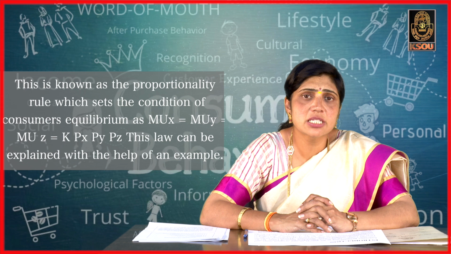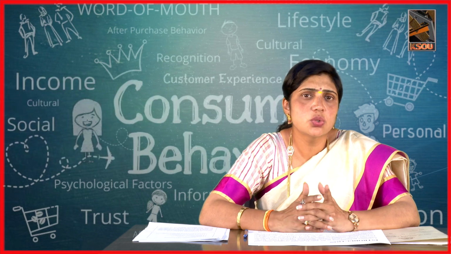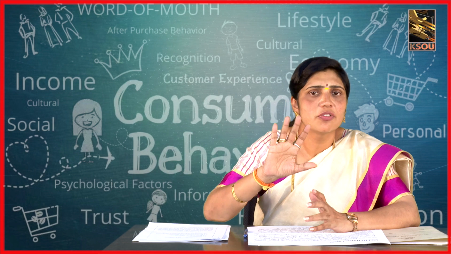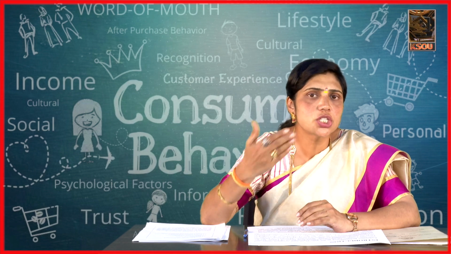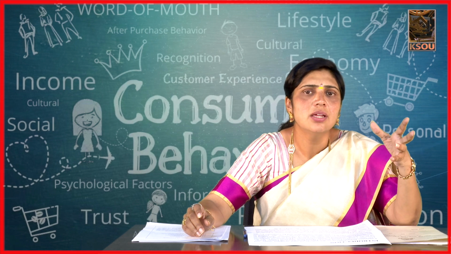This law can be explained with the help of an example. Let us suppose the consumer has a fixed income of 5 rupees and he wants to spend it on idlis and vadas. When our consumer spends his entire income of 5 rupees either on idlis or on vadas, the marginal utility he derives is given in this table.